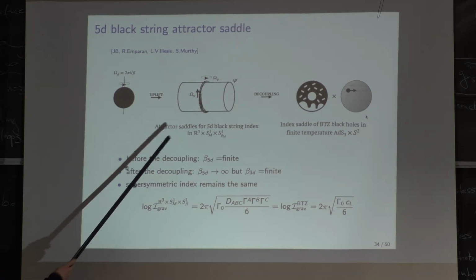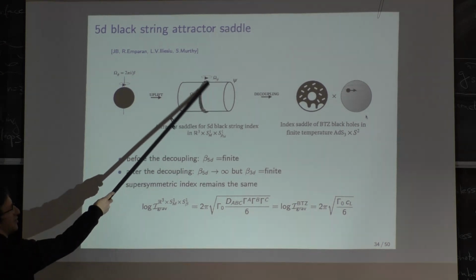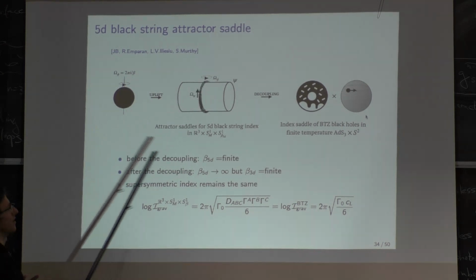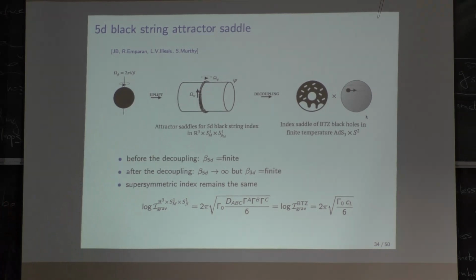You can think of it as a black string that wraps this additional S1 that you have because of M theory. And this black string has an S1 × S2 horizon. Essentially the point is that if you evaluate this on-shell action, you're going to end up with the answer that exactly reproduces the answer of the MSW CFT, even though you haven't really decoupled the theory from asymptotically flat space.